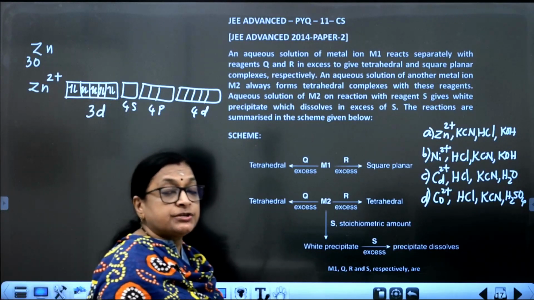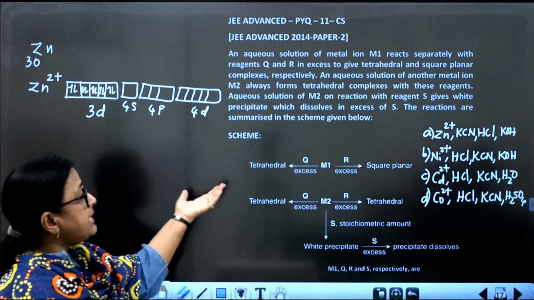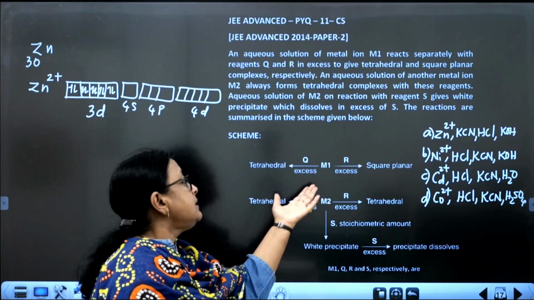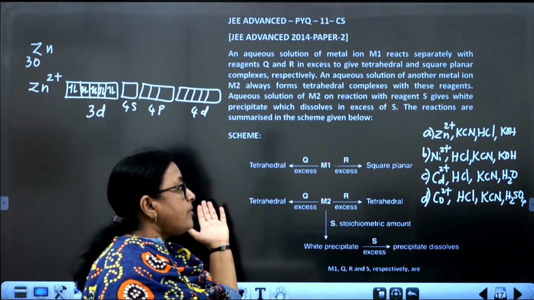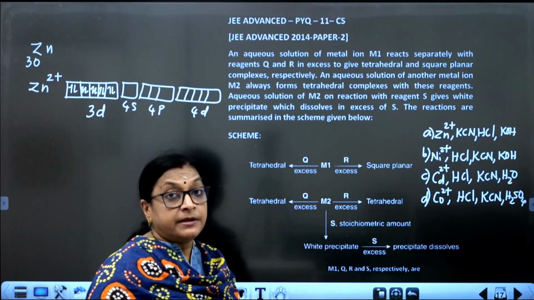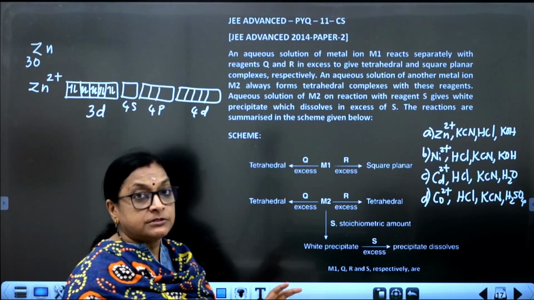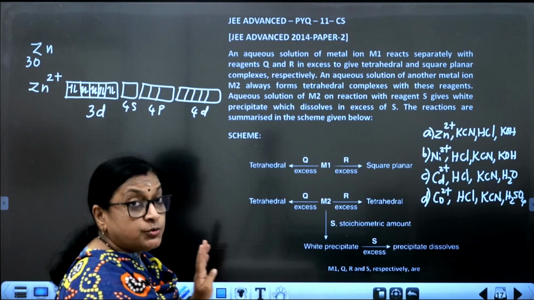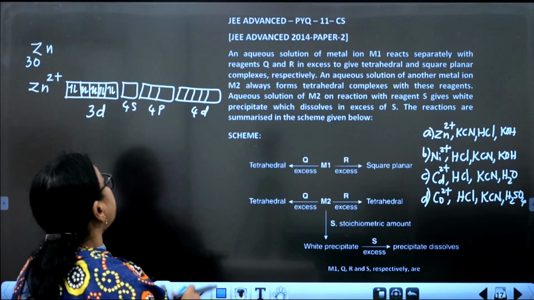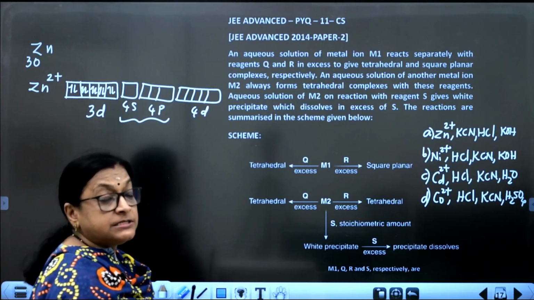It is a d10 system. It says M1 forms with Q a tetrahedral complex and with R a square planar complex, means tetra coordination is what is talked about. So had it been Zn2+, it can provide only s and p orbitals for hybridization.